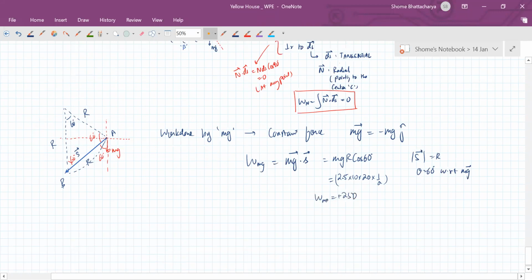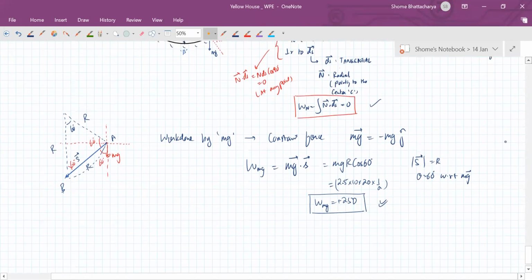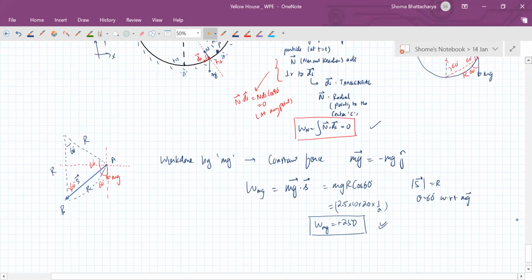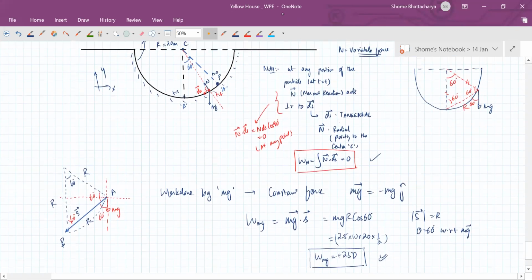This will become the work done by gravity, whereas the work done by the normal reaction is 0. So this becomes the final solution to this question. Okay. So hope this is clear, people. Make a note of this, and that's the conclusion of today's session.